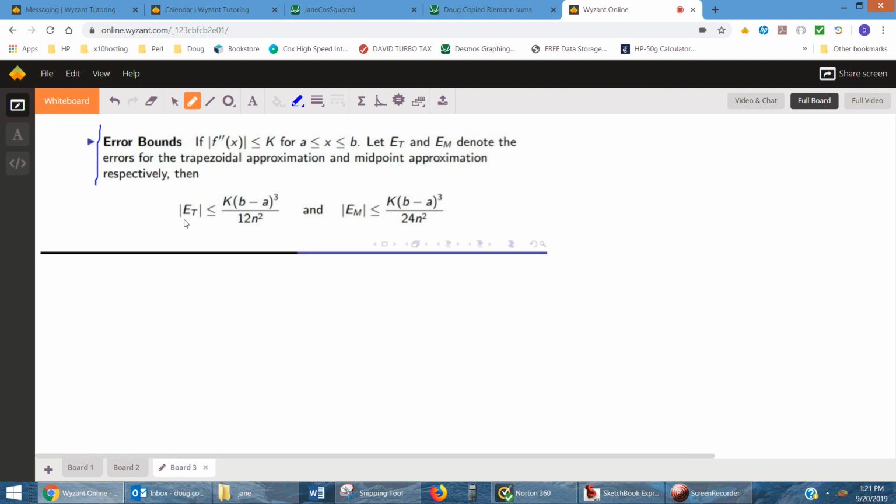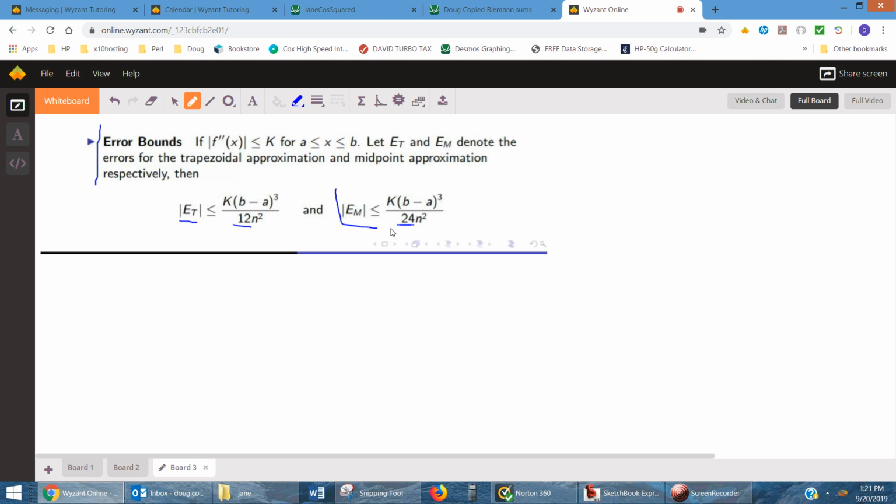So when we're using the trapezoidal rule, the only difference between it and the error for a midpoint approximation is this 12 here and a 24 here for the midpoint rule.